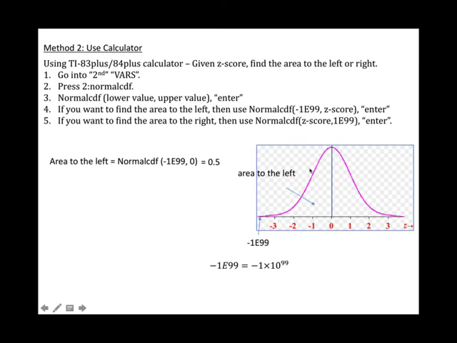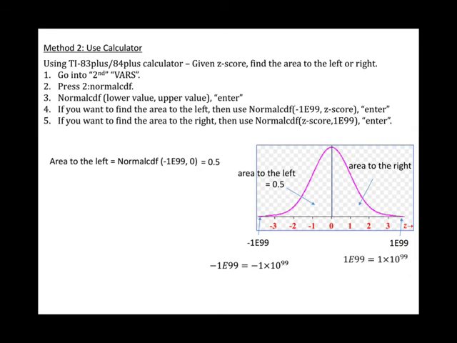Okay, let's say this time I want to find the area to the right. So what is the lower value this time? We're gonna start at this point. The lower value will be equal to 0, to the upper value. What is this value in here? That will be positive 1E99.